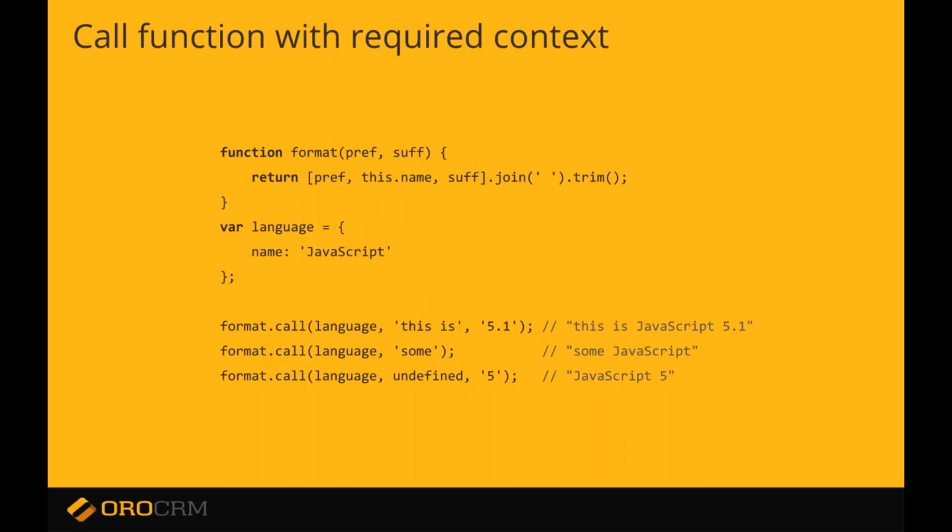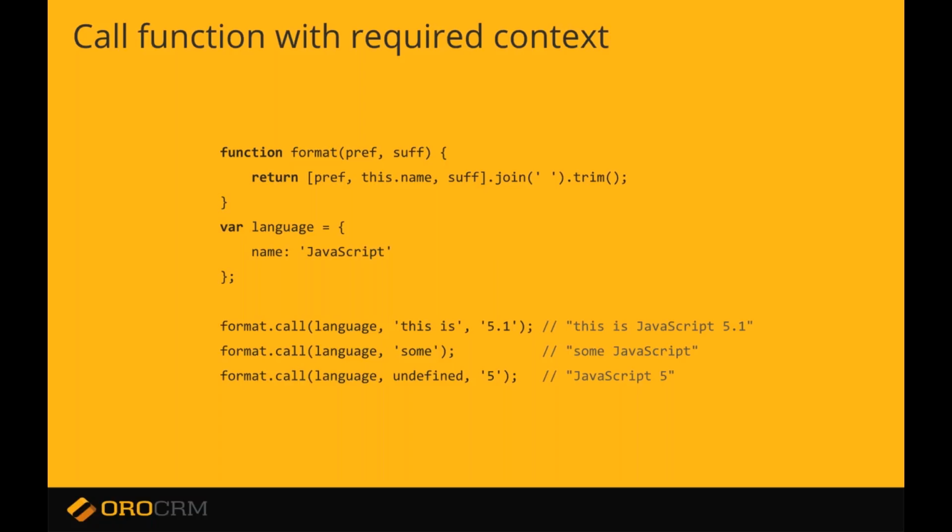Let's look at how passing arguments works for call. So, for example, we have some function formatter that accepts 2 arguments, prefix and suffix, and deals with some context and expects that the context has property name.